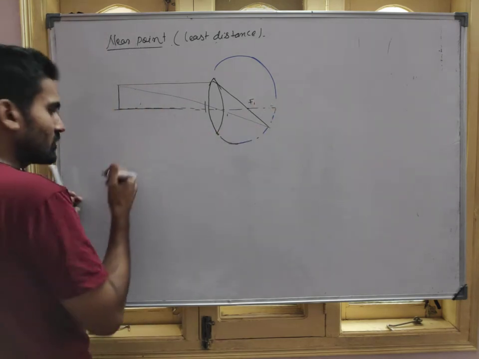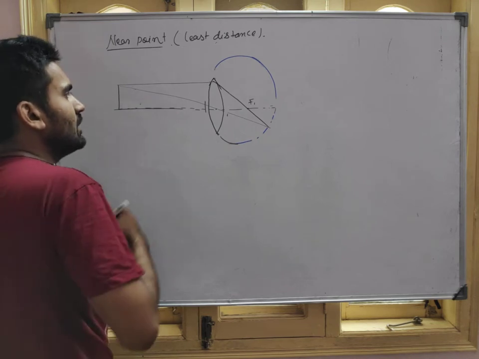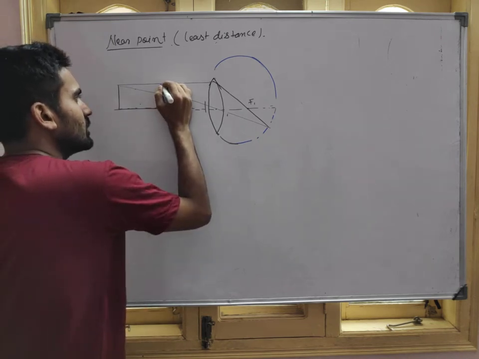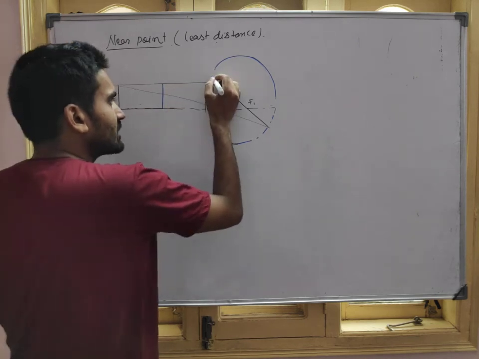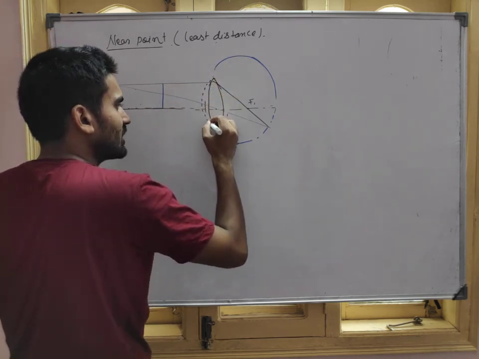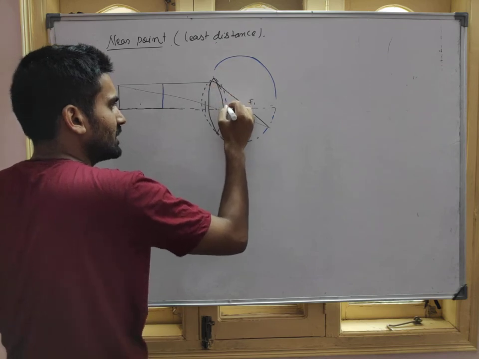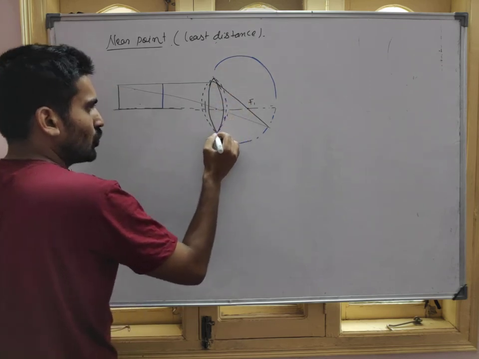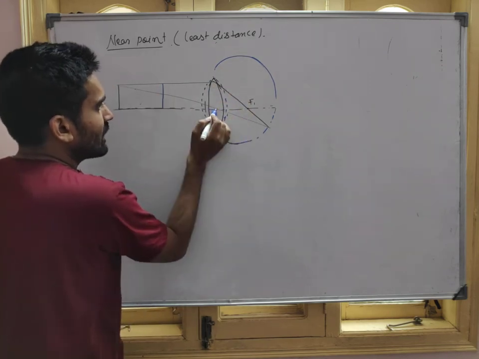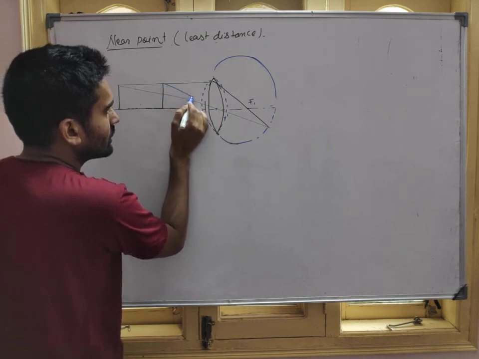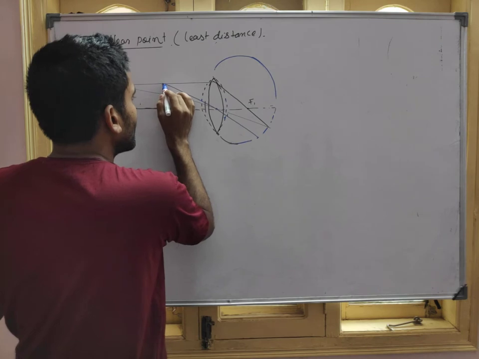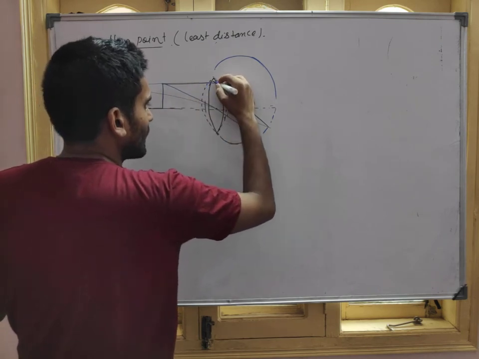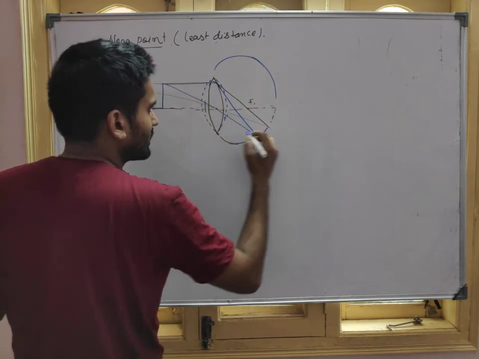Now we will take the object closer. When we take the object closer here, the lens gets thick. Why it gets thick, I will tell you. So one line will go from here like this, and the line will go like this.